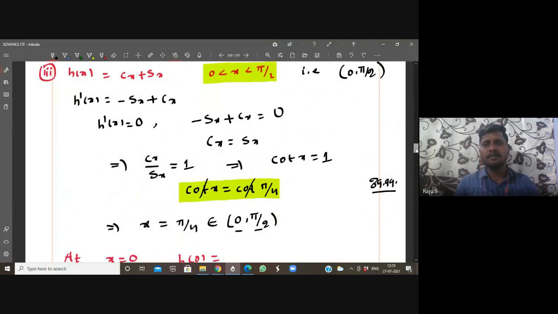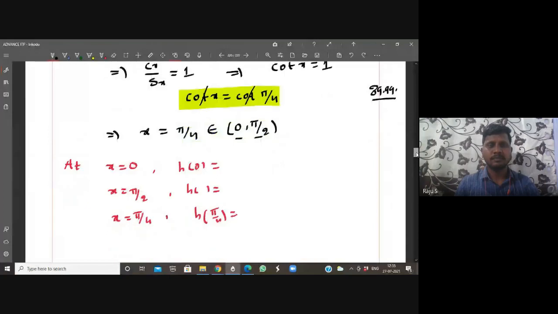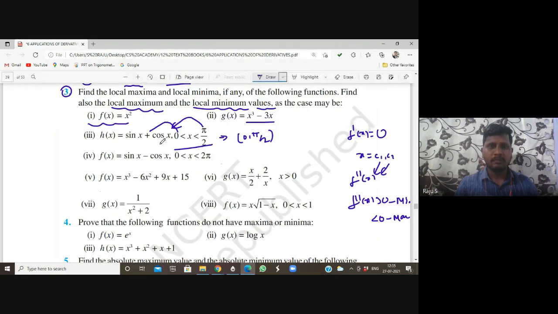All of you find this value, h of 0, h of 1. Local maximum, local minimum.